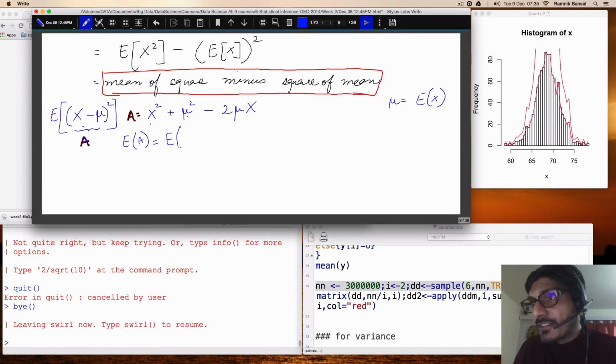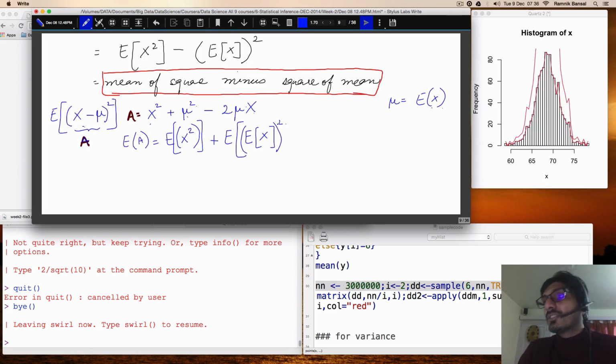So I can say expected value of x square, plus expected value of, I can replace mu square with this, expected value of x square.